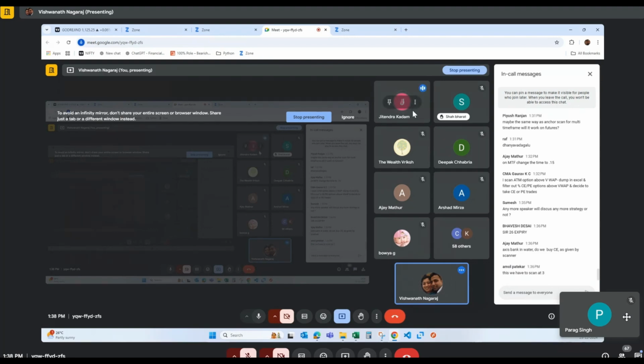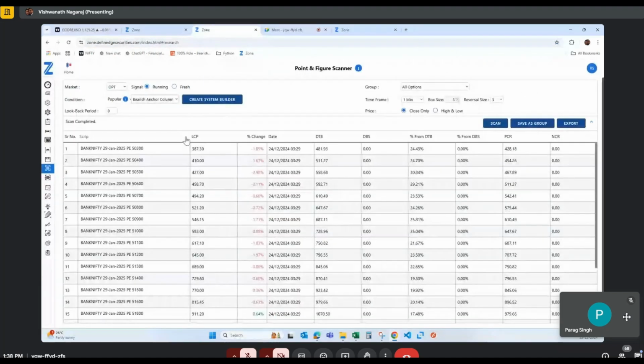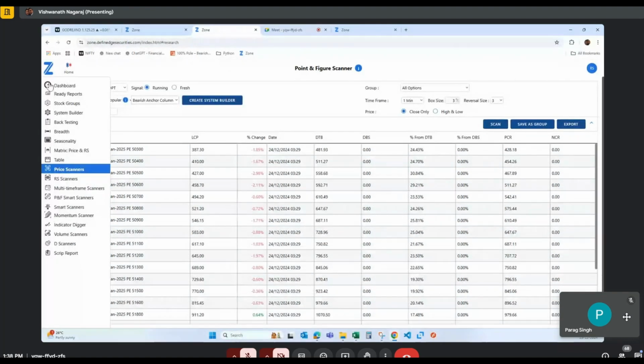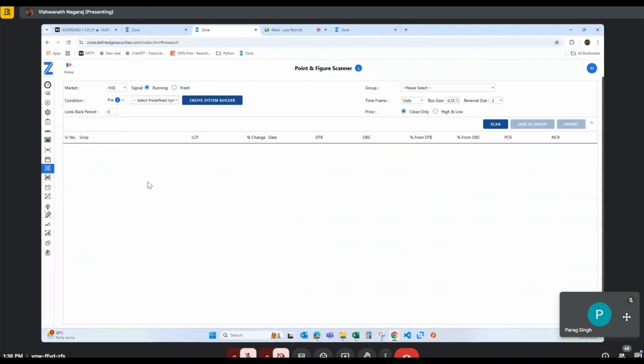Sir, please start that scanner once more. It's simple. It's in popular zone. Then price scanner. Then Point and figure scanner, P and F scanner.